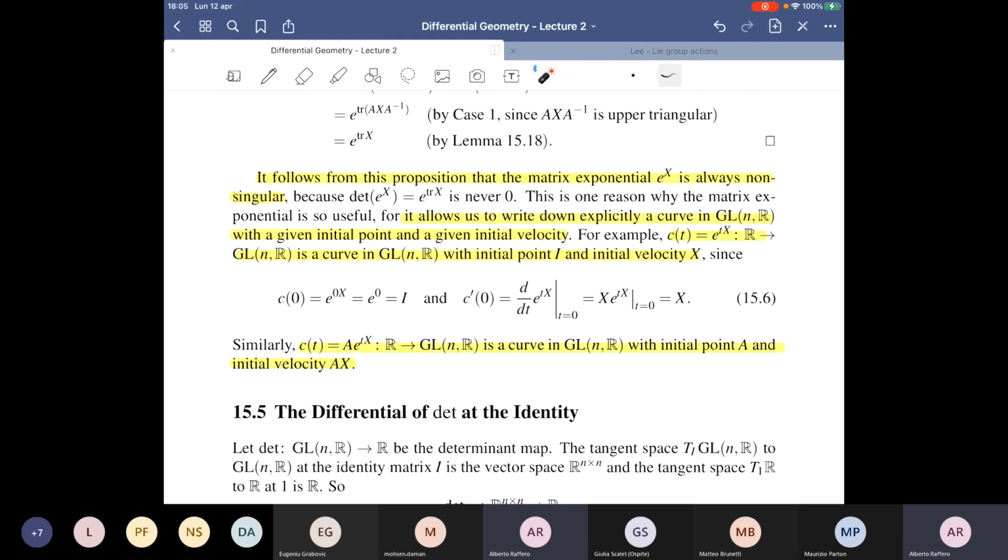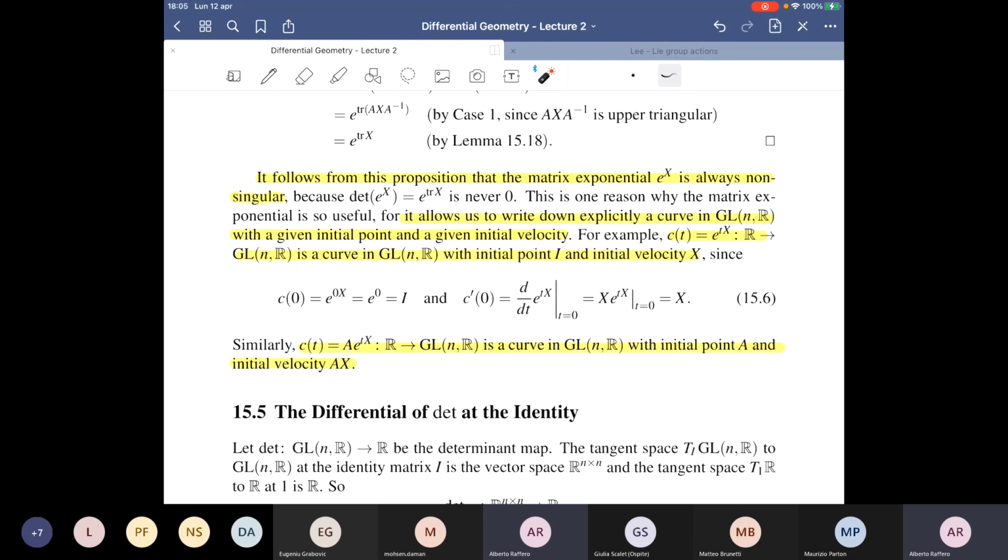So at the end of the day, we have obtained a curve of matrices inside the general linear group. And in particular, this allows us to consider curves of matrices which start at any point we want with any tangent vector we want.